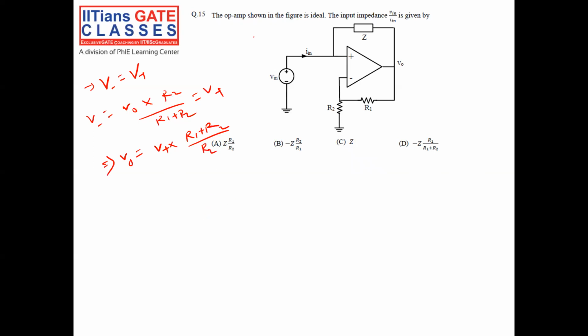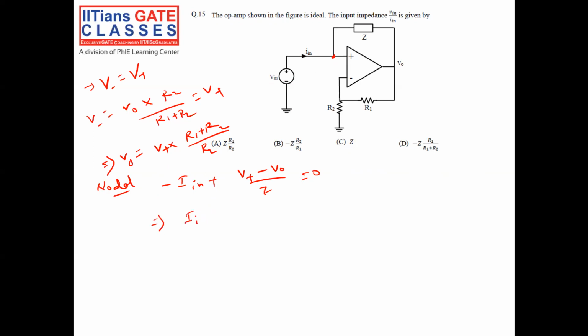Now let us apply a nodal equation at the positive terminal. The current coming in is minus IN plus the current going away, V positive minus V0 by Z, is equal to 0.